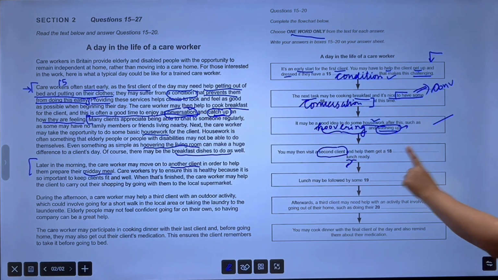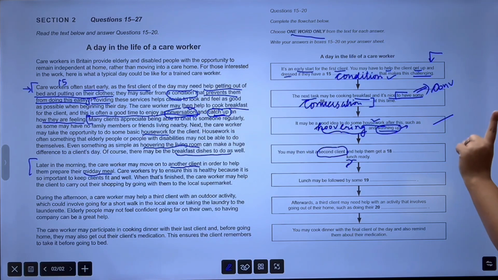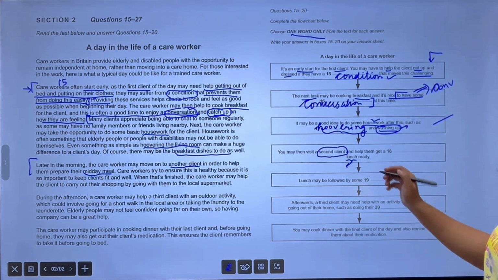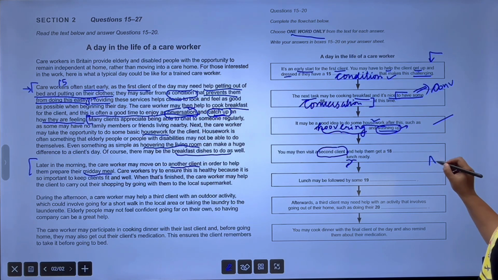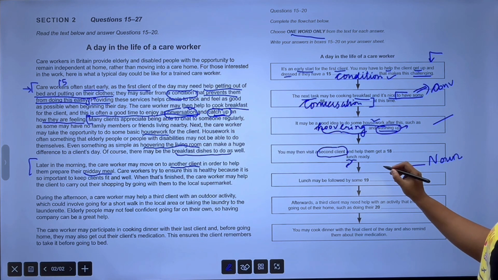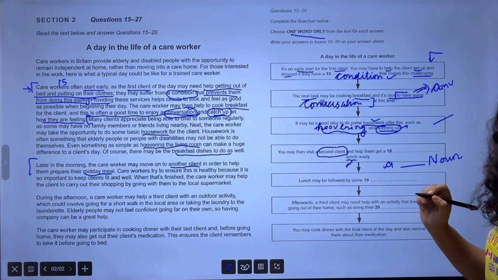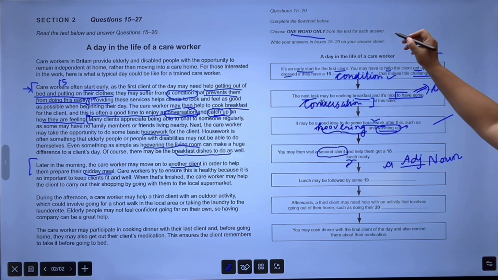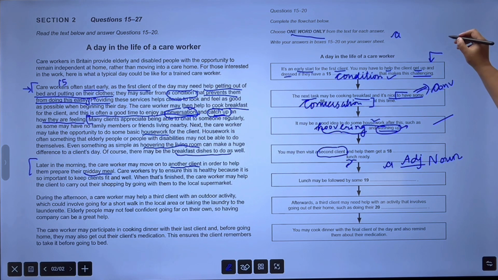Now what should come here? Here you need to have a hint, and the hint is this: lunch is a noun. Before that there is a space, and then there is this article. So going by this logic, I know that I have to fit one adjective over here, because whenever there is an article and then there is a noun, for example, a boy, there will be some quality of the boy that's there.